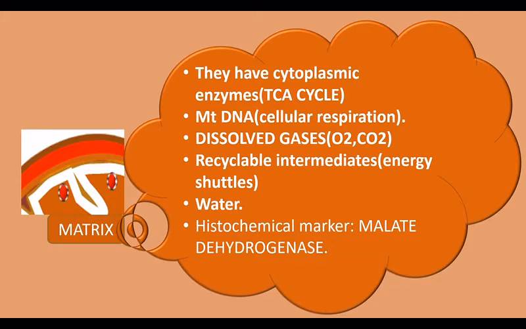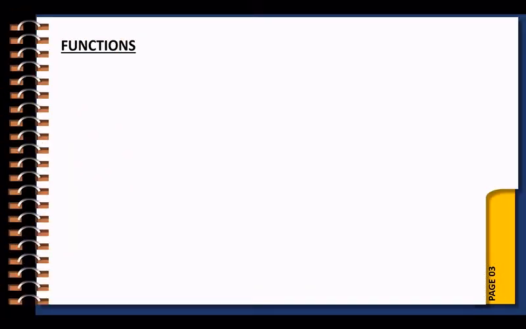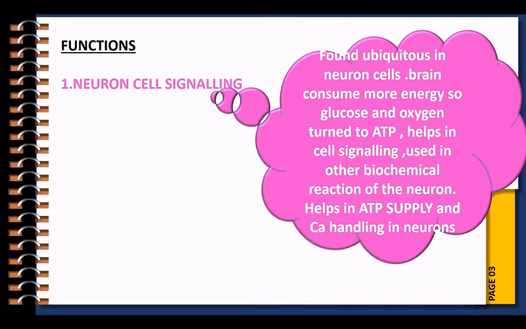Next, we can see about the functions of mitochondria. When we think about function, the first thing that comes to our mind is powerhouse of the cell, and it produces ATP. Here I will give 10 points, the important functions of mitochondria. First is neuron cell signaling. It is found ubiquitously in neuron cells.